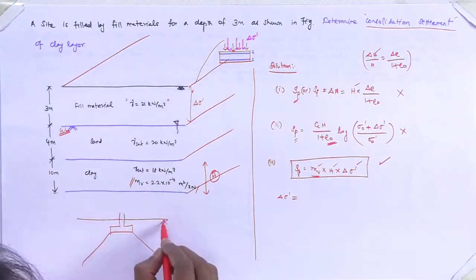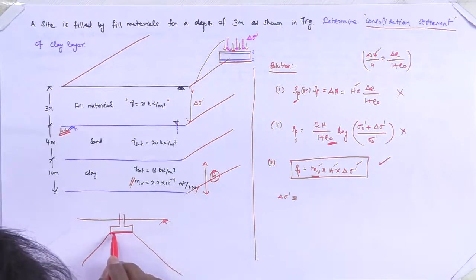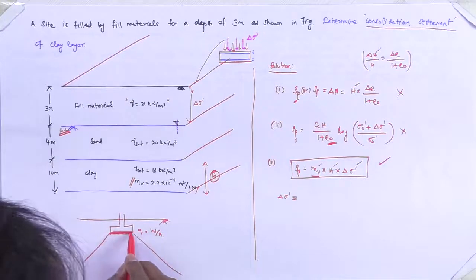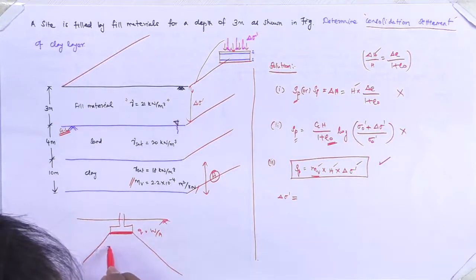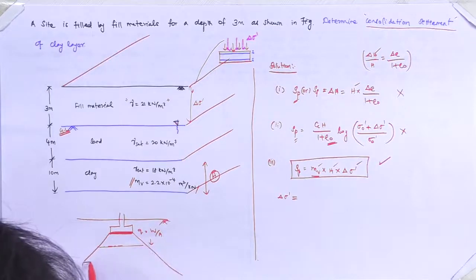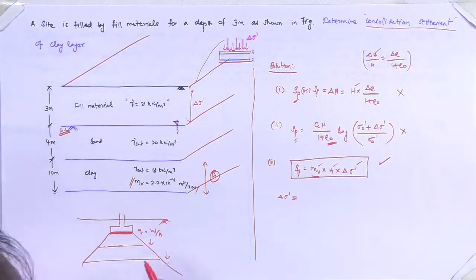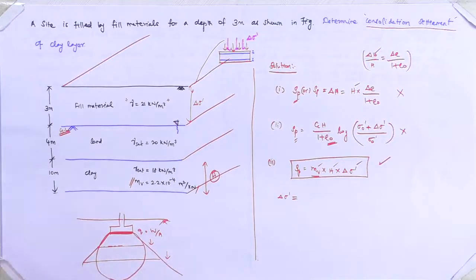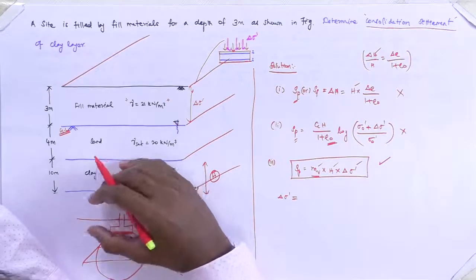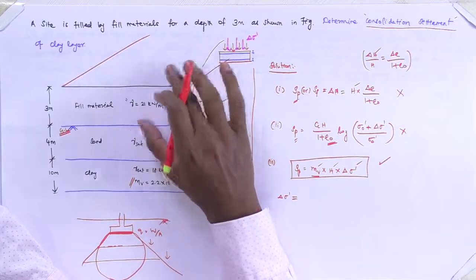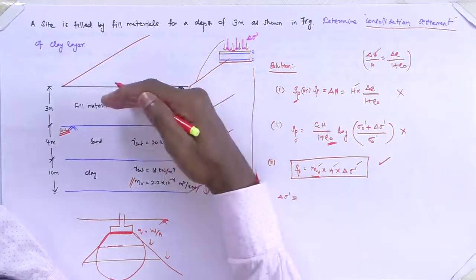At this place the load intensity q, which is W by A, is as it is, but at this level the pressure intensity will be reducing. Going further down, the pressure intensity finally keeps reducing. It will form an isobar, a pressure bulb. But in this case the soil is filled evenly over the area, so the pressure will be distributed as it is.